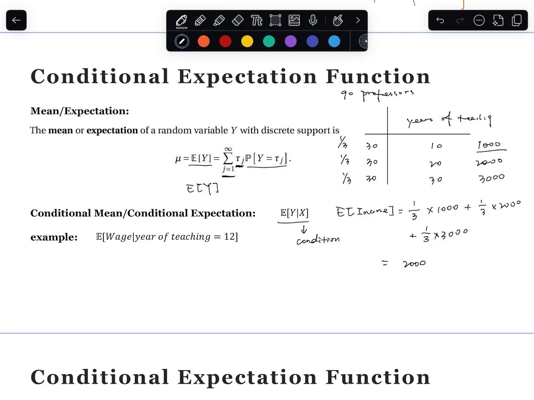For example, it's like the mean value of wage when the professor has 12 years of teaching experience, or maybe the average height of female students, those kinds of things. You can add anything to be the condition.